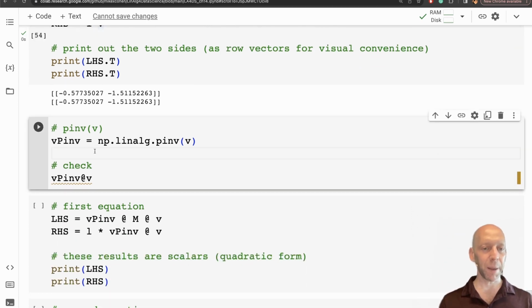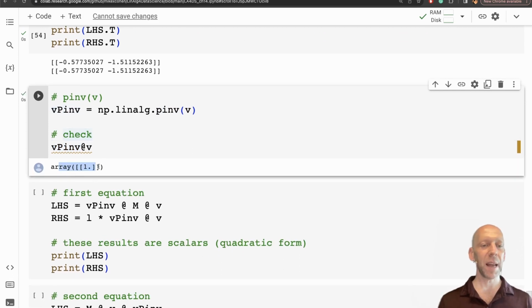Okay, here I'm checking that v times v pseudo-inverse equals 1. And that is the expected result because a matrix times its inverse should give us the identity matrix. Now, for a vector, we don't have a matrix, so we're going to end up with the identity 1 by 1 matrix, which is just the number 1.